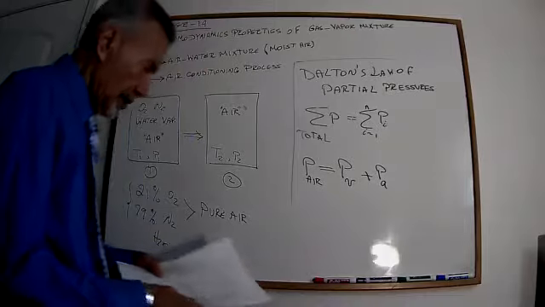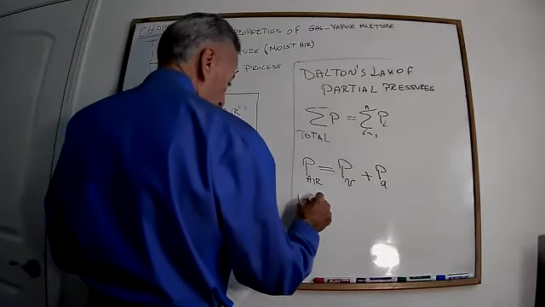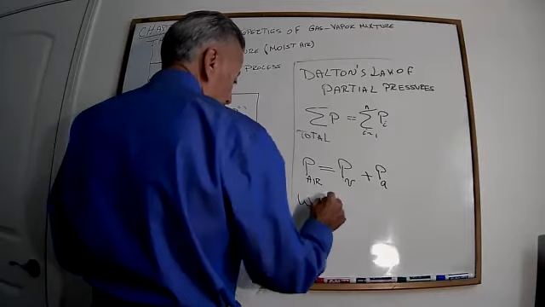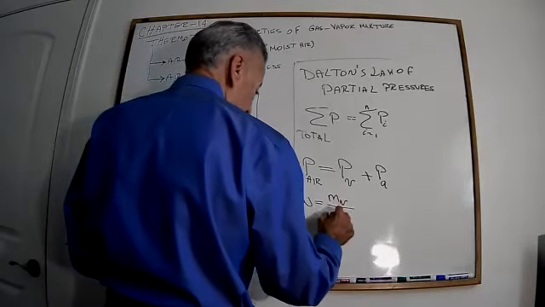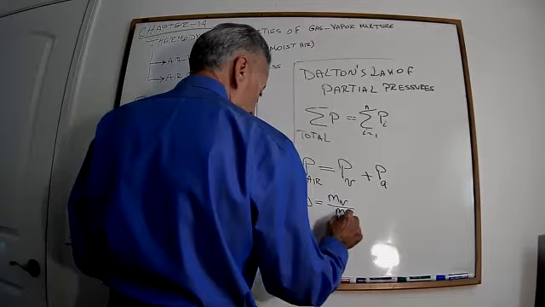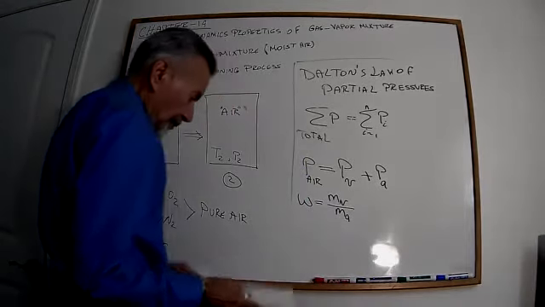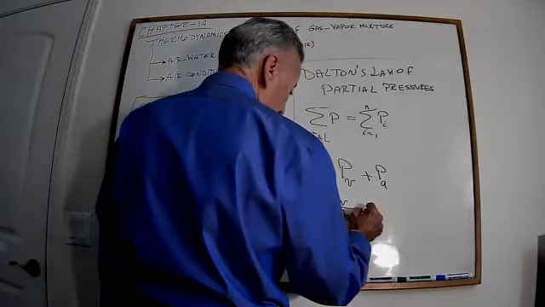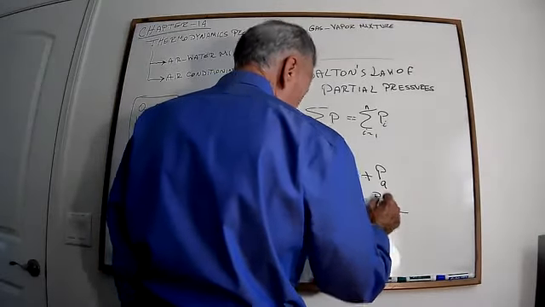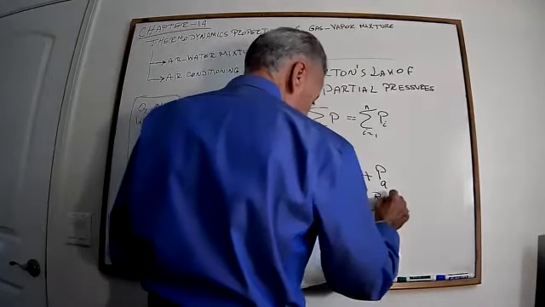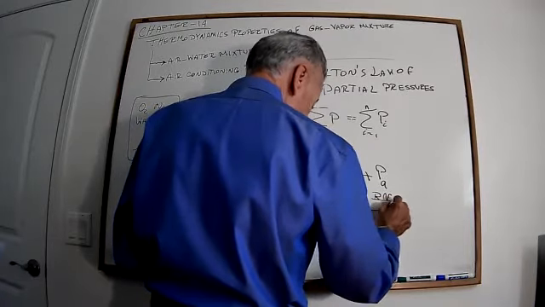Now, knowing that, if we go back to omega, we said that's the mass of vapor divided by the mass of dry air. Now, I can replace the mass with PV over RT.